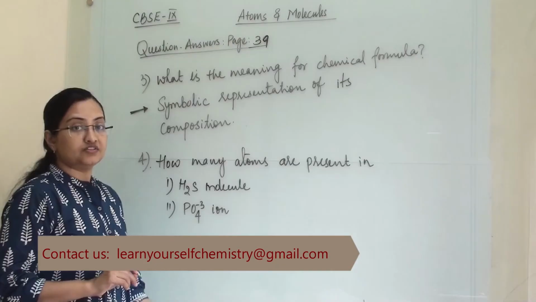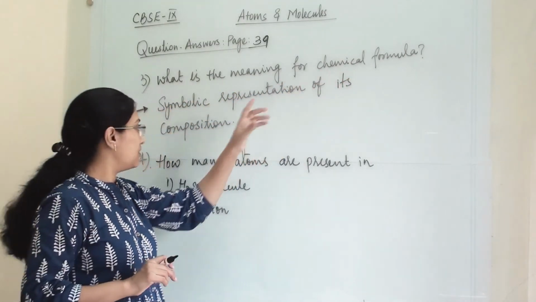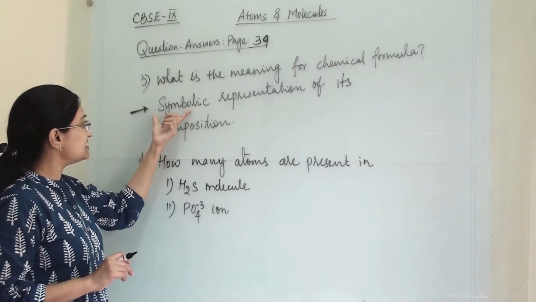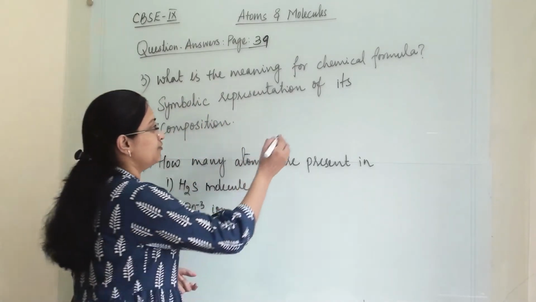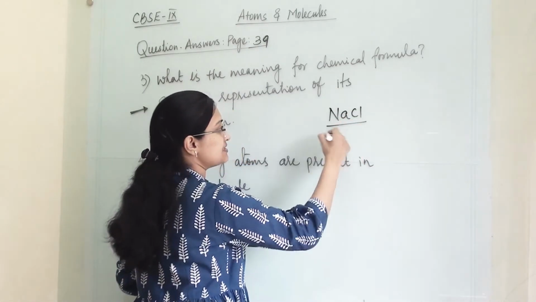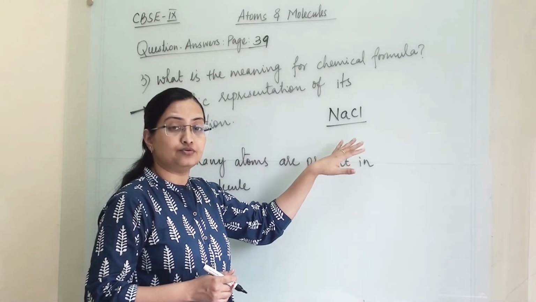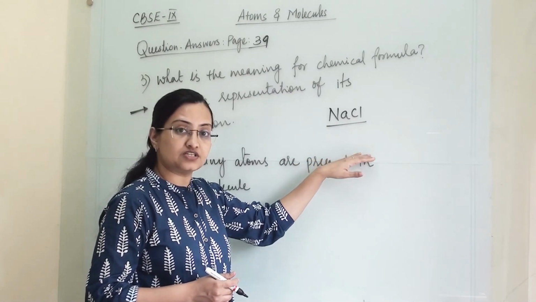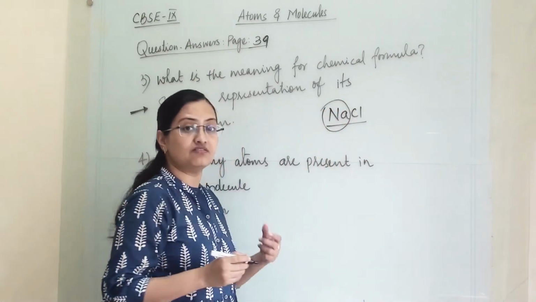Our third question is, what is the meaning of chemical formula? It is a symbolic representation of its composition. For example, the chemical formula of sodium chloride. By writing this formula, we get to know how many atoms are present in it, and in which quantity each particular atom is present.